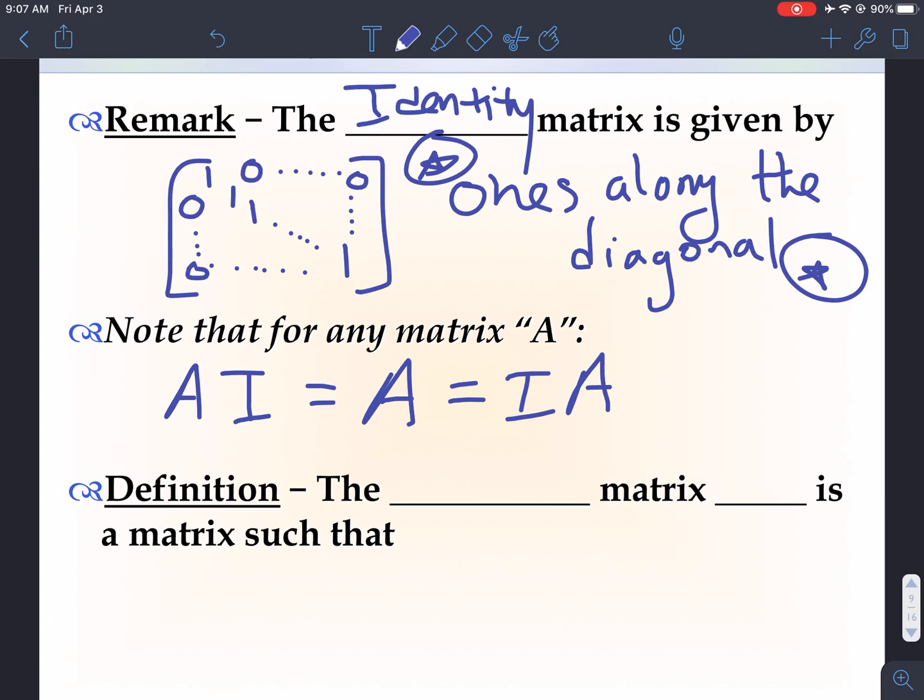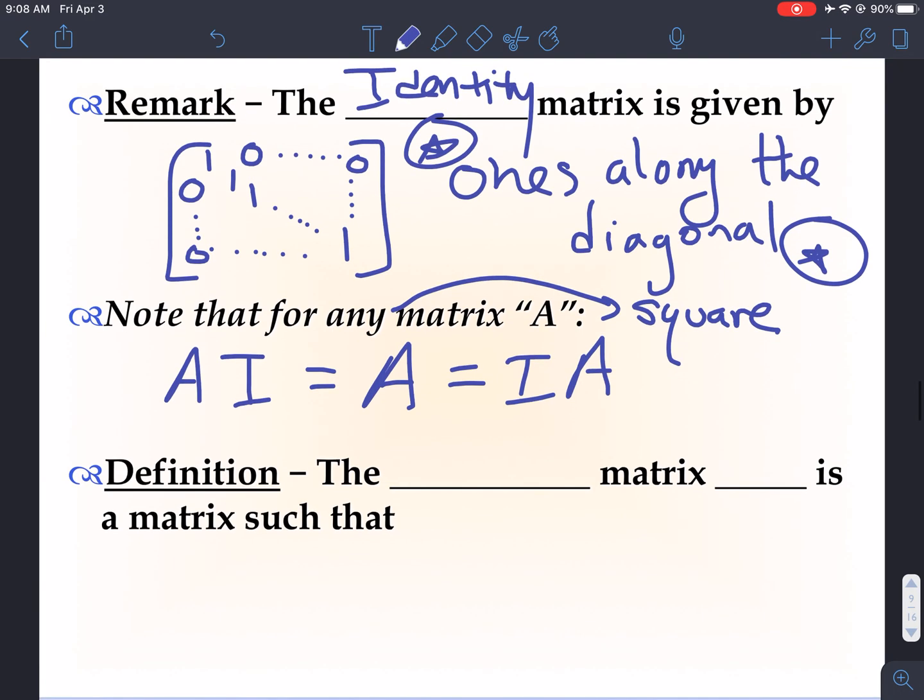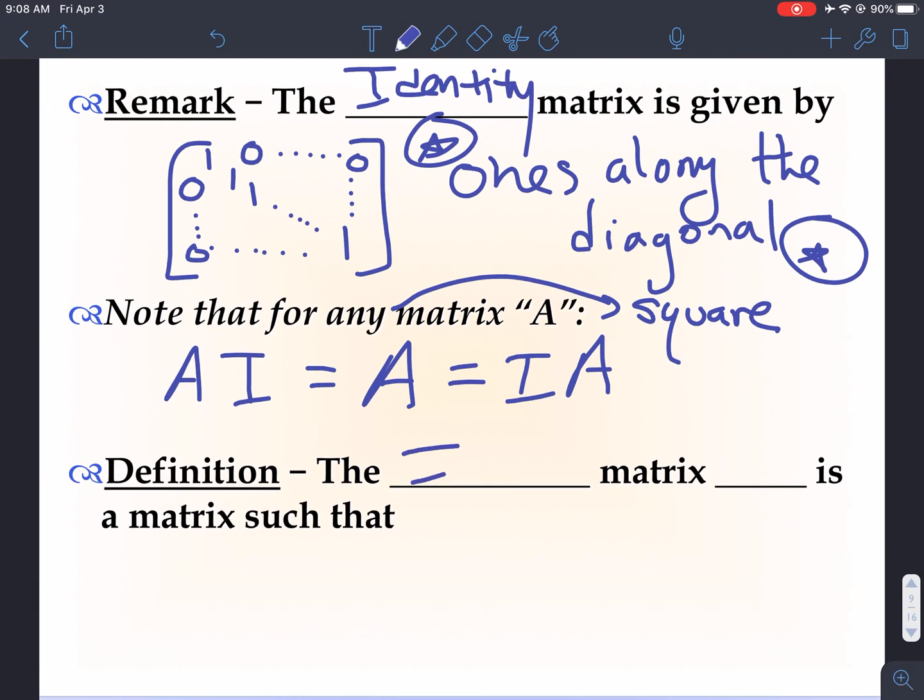Okay, we should make this a little bit more specific for the time being, and we'll say that for any square matrix. Okay, so we're going to set it up nicely. The inverse matrix, A inverse, so that's not to the negative first power, that's called A inverse, is a matrix such that A multiplied with A inverse will give you the identity matrix.